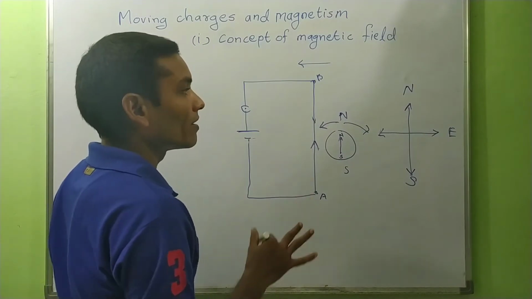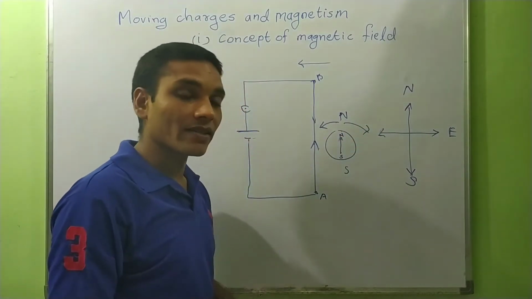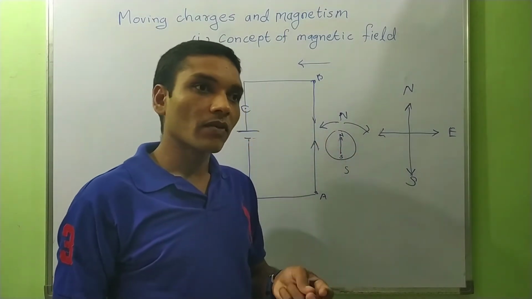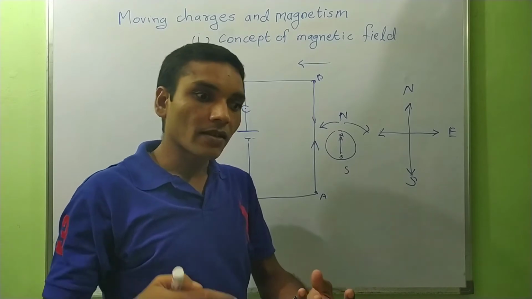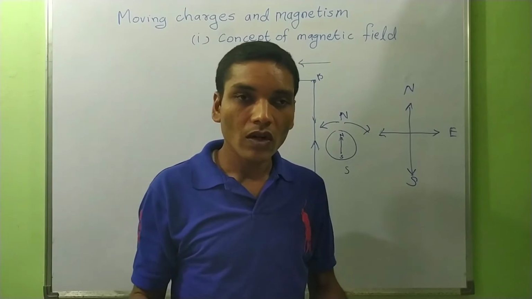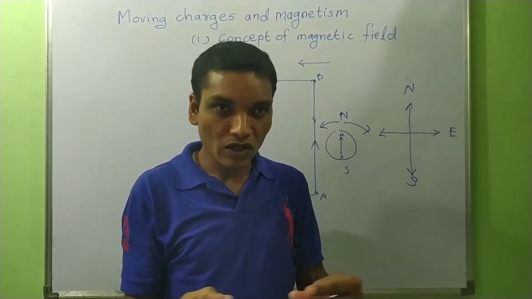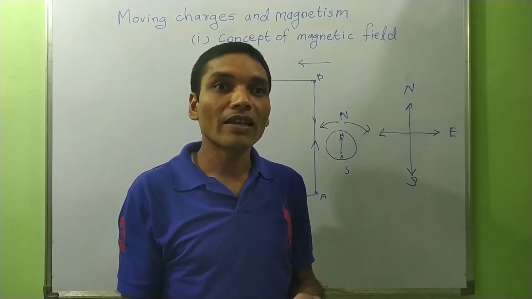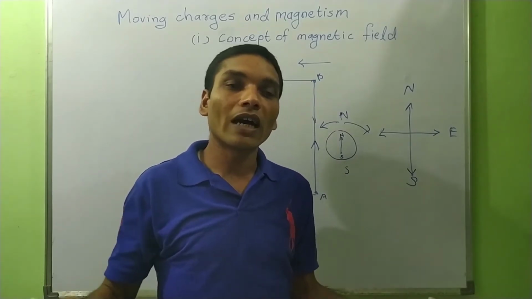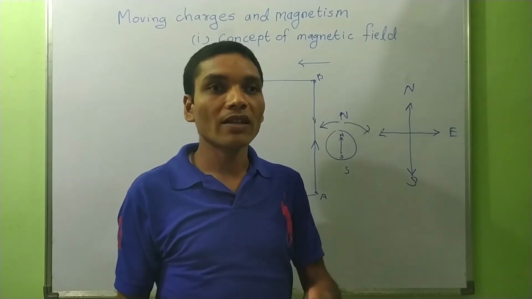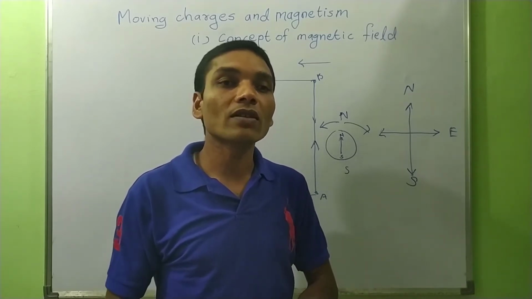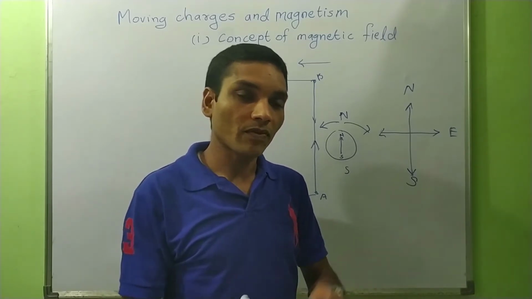Why does this magnetic needle deflect? If a magnet is brought near another magnet, and the south pole and south pole are brought near, then south pole repels south pole, and south pole attracts north pole, means like poles repel and unlike poles attract.